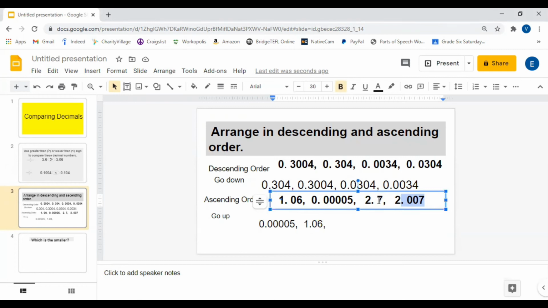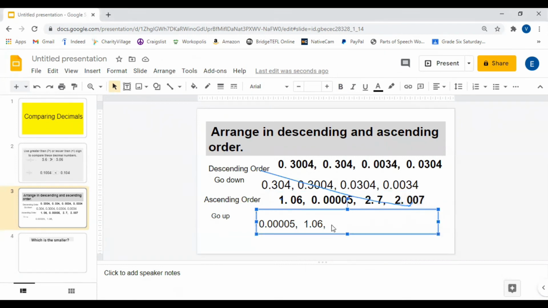The second digit in 2.7 is 7, and the second digit in 2.007 is 0. So guys, 0 is smaller than 7. So I'm going to choose 2.007. It is so much fun. 2.007.